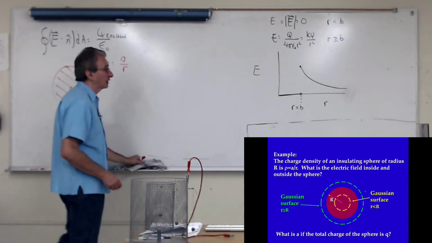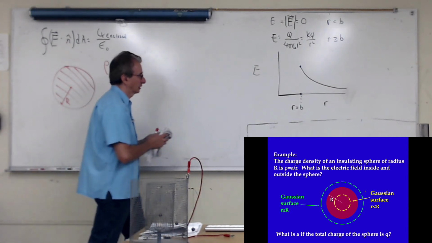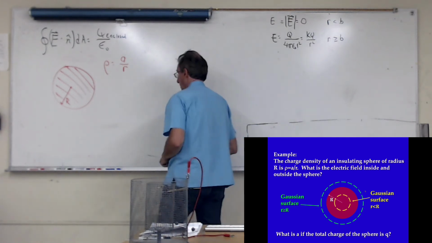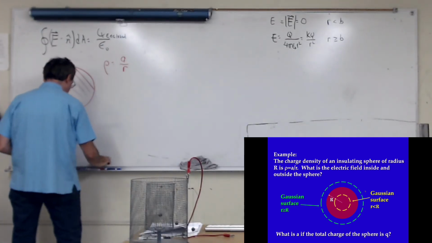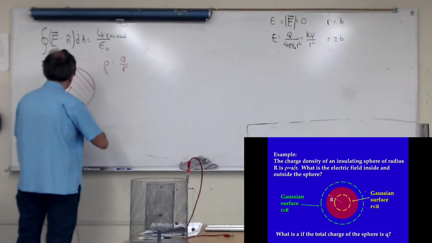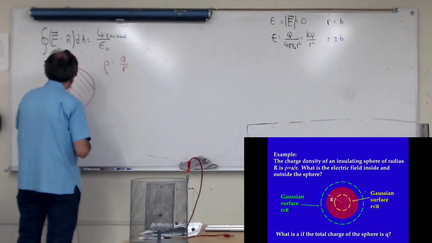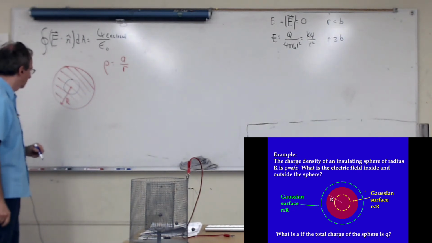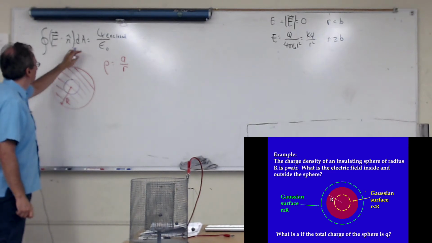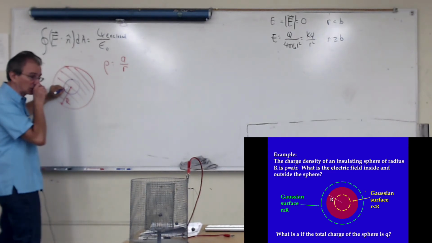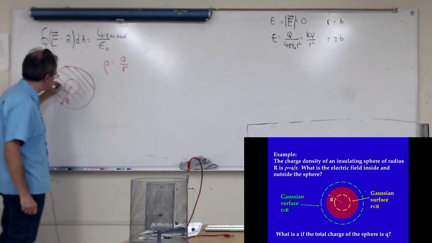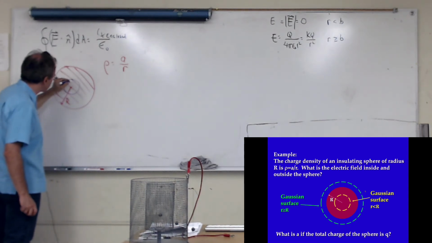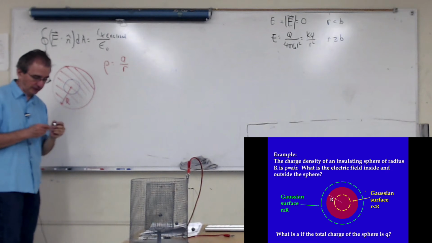I want to calculate the field everywhere inside and outside this thing. So I'm going to pick my Gaussian surface as a sphere like this. And what I need to do is figure out how much charge is enclosed inside this imaginary sphere, right? This term is whatever charge is enclosed inside this imaginary sphere.